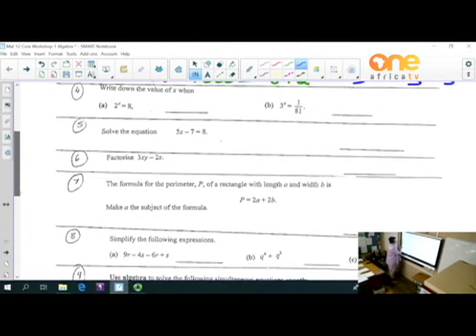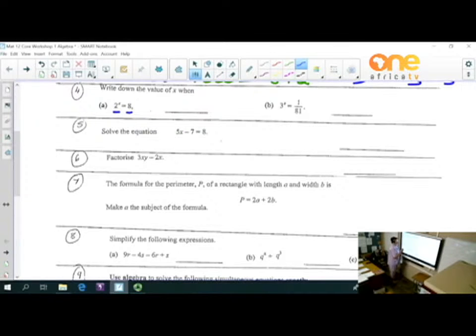If we look now here at question 4, this is indices. Indices have different rules than numbers. So what I do is I need to change them to the same base. So I have to change 8 to the same base. How will I do that?